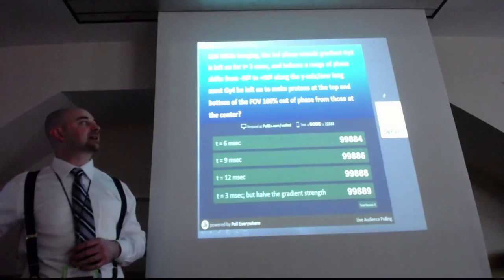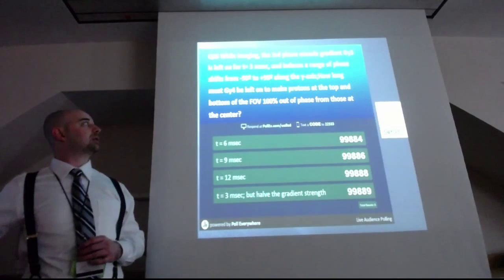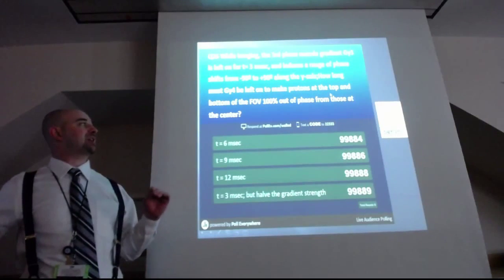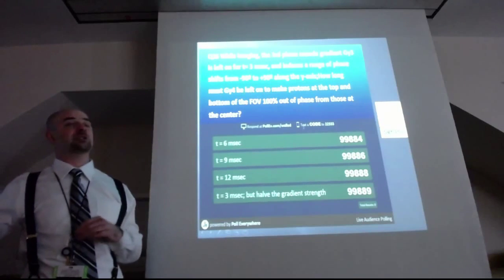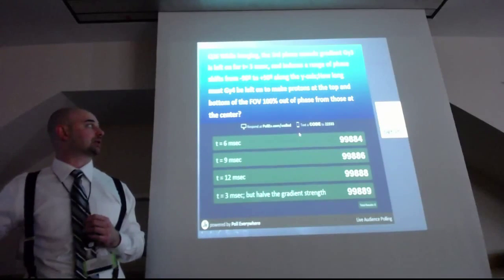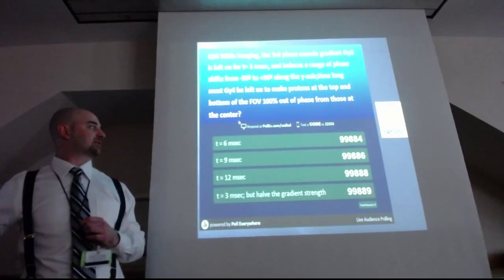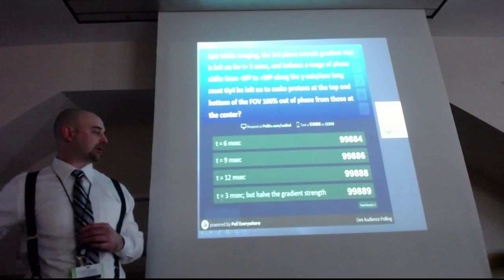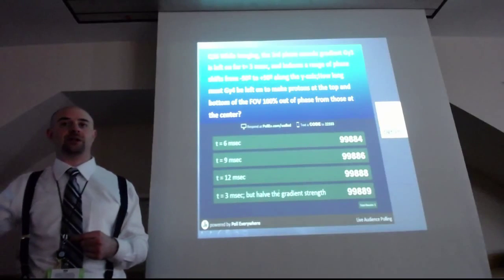For the next phase encode gradient, GY4, how long does it have to be left on to make the protons now at the top and the bottom of the field of view to be 100% out of phase from each other? Is it 6 milliseconds, 9 milliseconds, 12 milliseconds, or is it still 3 milliseconds, but you have to use half the gradient strength?